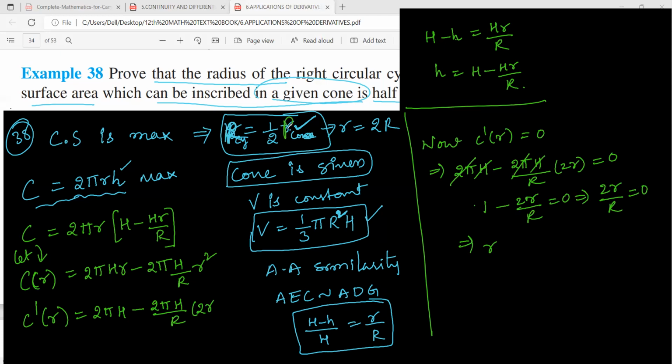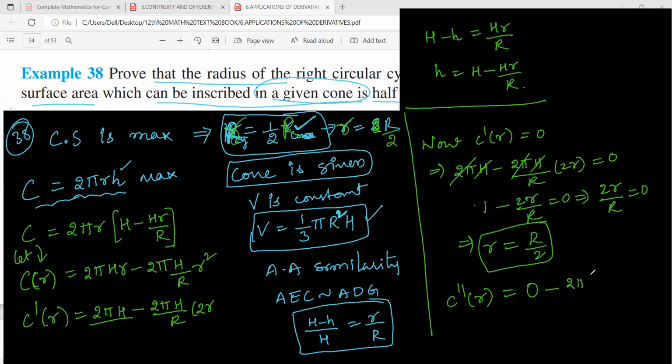The cone is R, this is smaller. This is smaller, the cone is R, R by 3. So therefore, small r equal to R by 2, but we'll see C double dash of r now. C double dash of r is what? This is 0 because it's all constant minus.